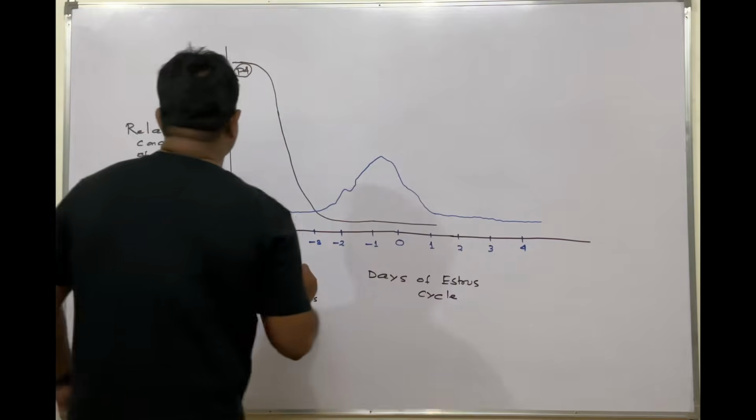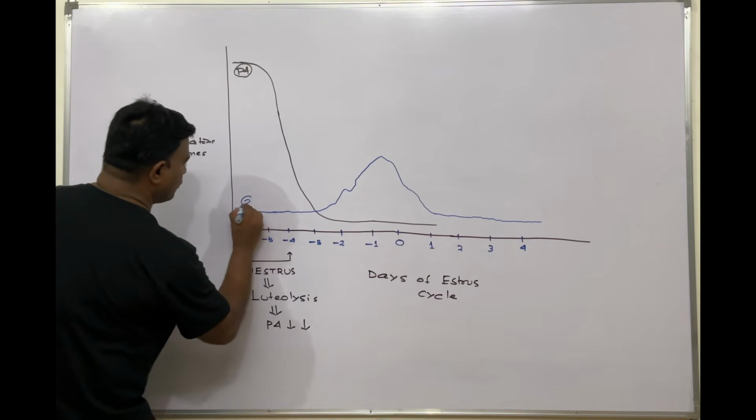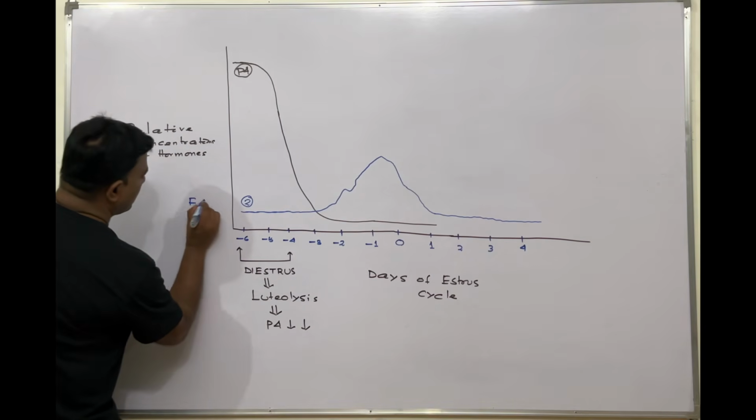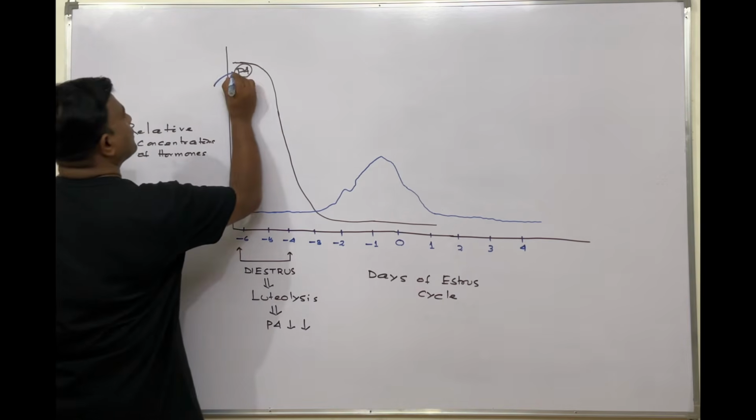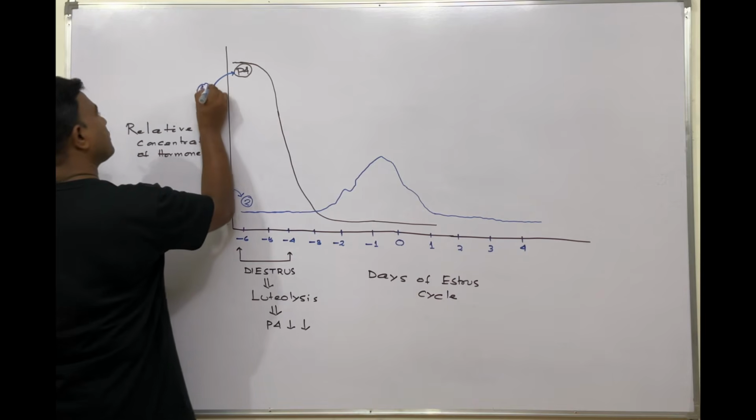So number 2 is FSH, and number 1 is progesterone.